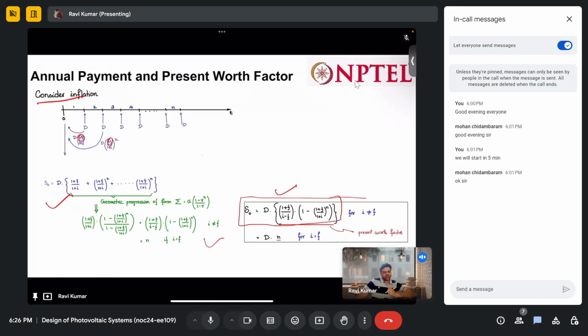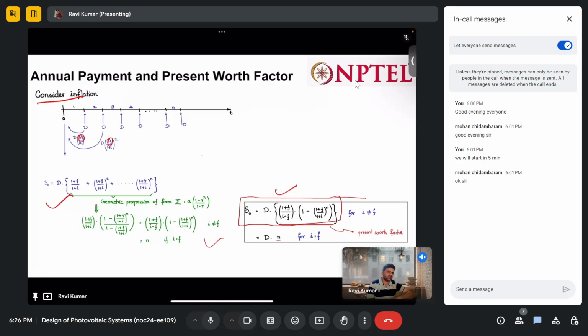If you are having a solar system, or a PV system at your home, then what all costs will you put in your system? You can write in the chat box. I am watching your chat box as well. Whatever comes to your mind, whatever you will spend on this solar PV system.